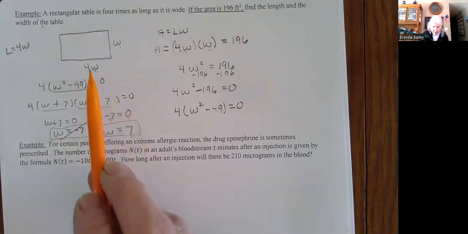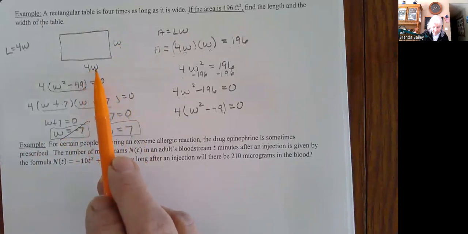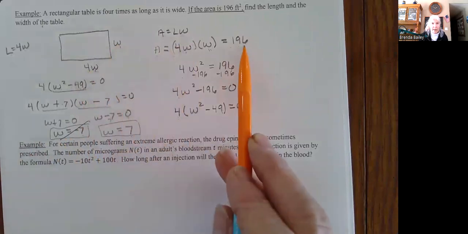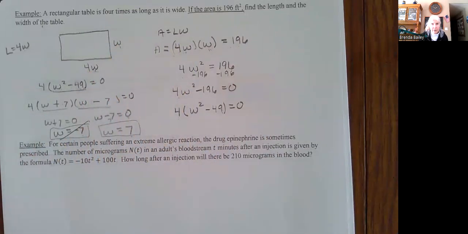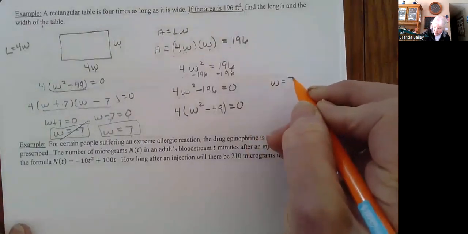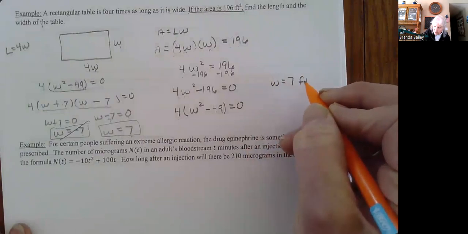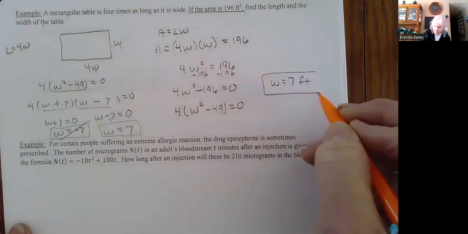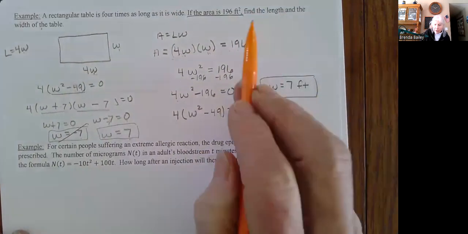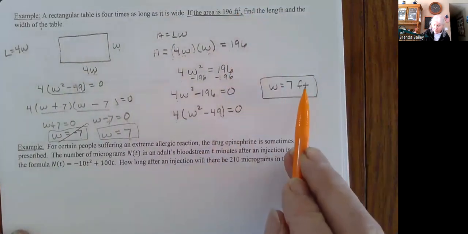If you take 4 times 7, you get 28, times 7 gives you 196. So W is equal to 7. And it's 7 feet. That's the units on ours, because we had square feet here, so then we have feet.